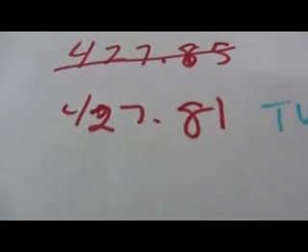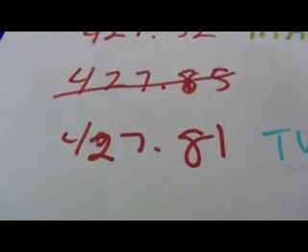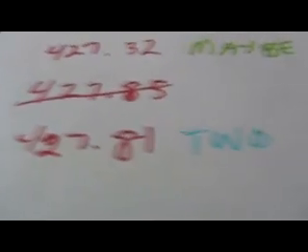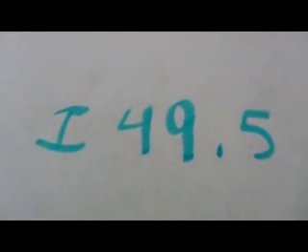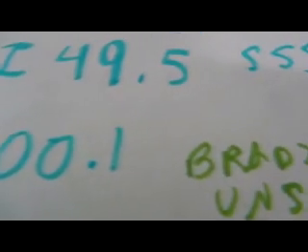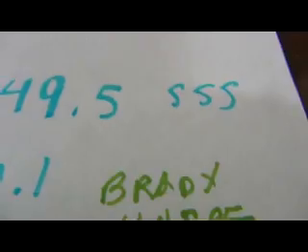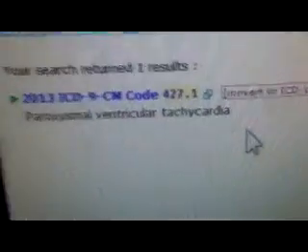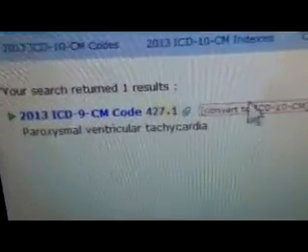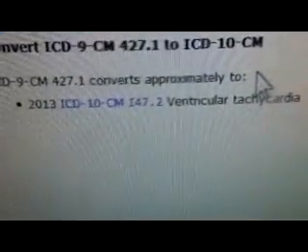And then 427.81 sinoatrial node dysfunction coded to a couple things, two, which is I49.5, which is sick sinus syndrome, and R00.1, which is bradycardia unspecified. 427.1 paroxysmal ventricular tachycardia approximately converts to I47.2.